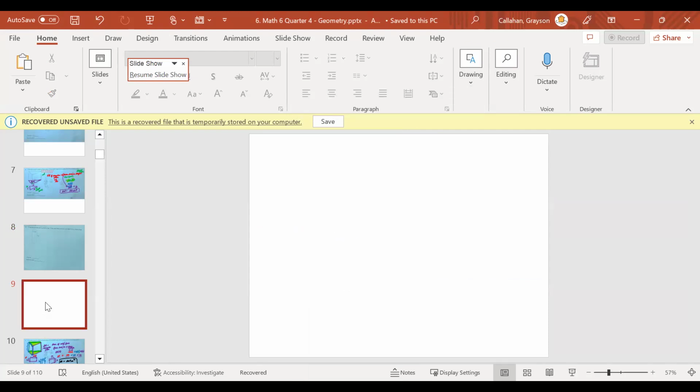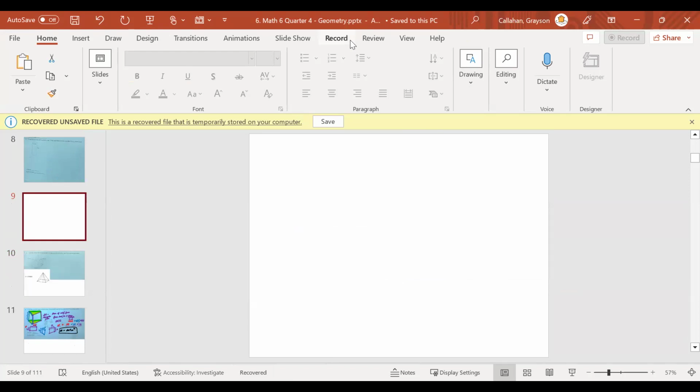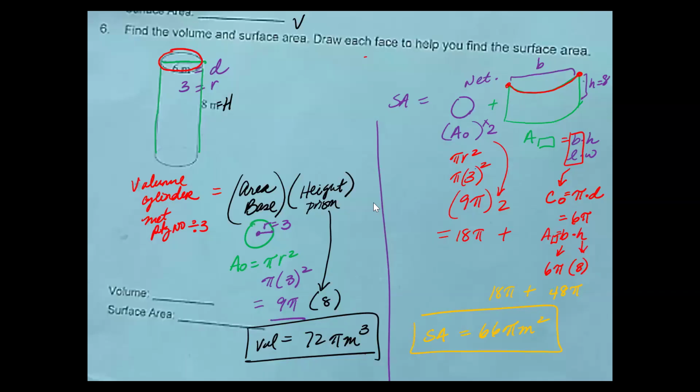Let me cut this off. All right, so I'm going to have you find the surface area of this on your own, okay? Yep.